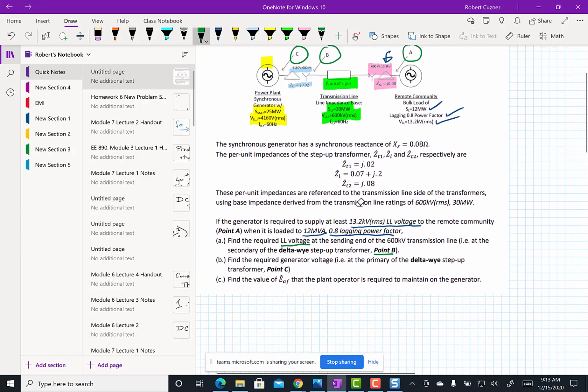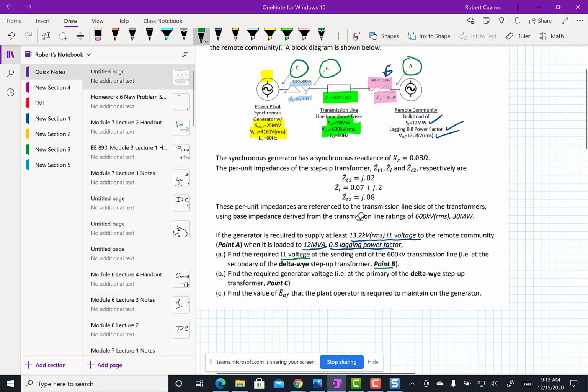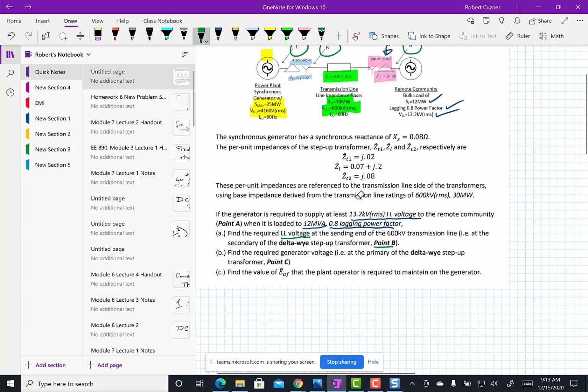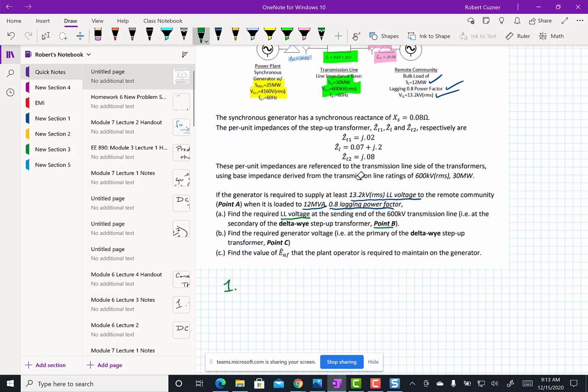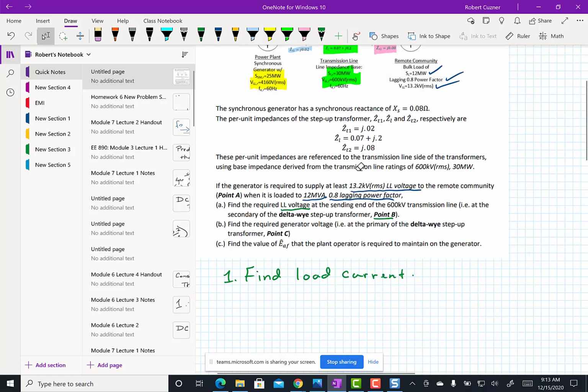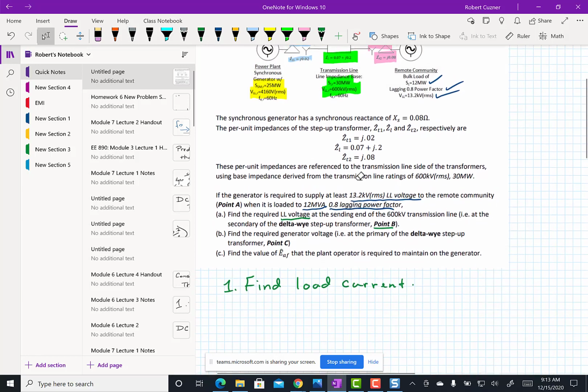Now what we're going to need to do is find a couple of things. The first thing is, number one, we need to find the load current, right? That's at the load end.